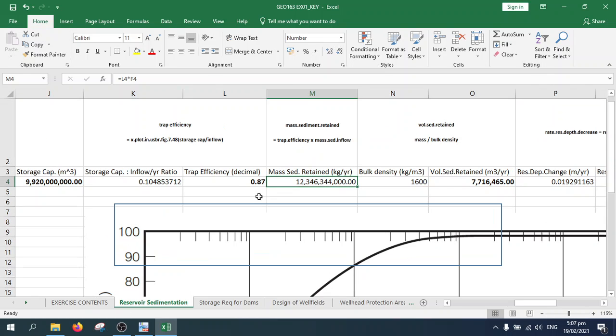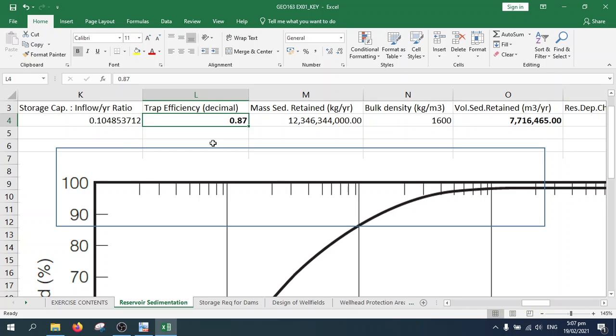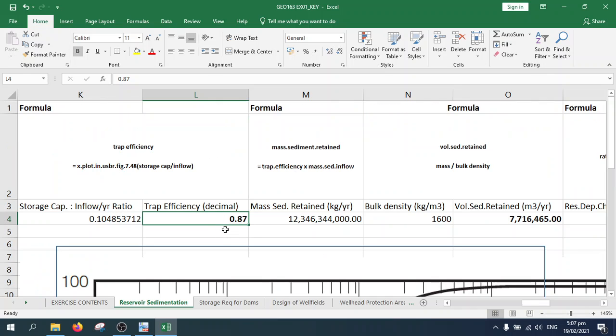So it means that 87% of the sediment that is entering the dam is actually being retained or accumulated. So it means the dam is just gobbling up all the sediment or most of the sediment it receives at a rate of 87%.